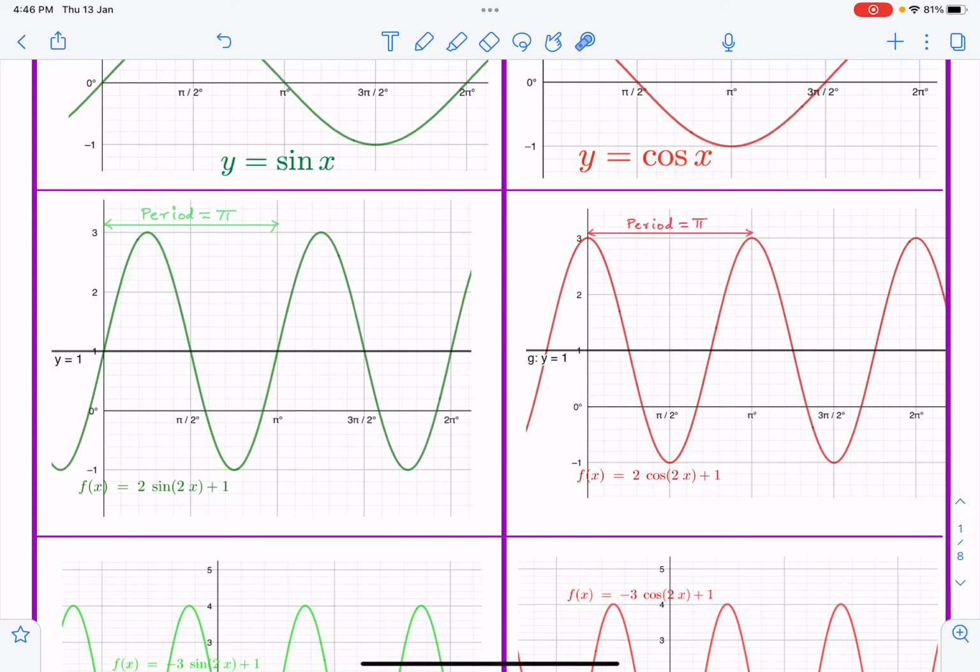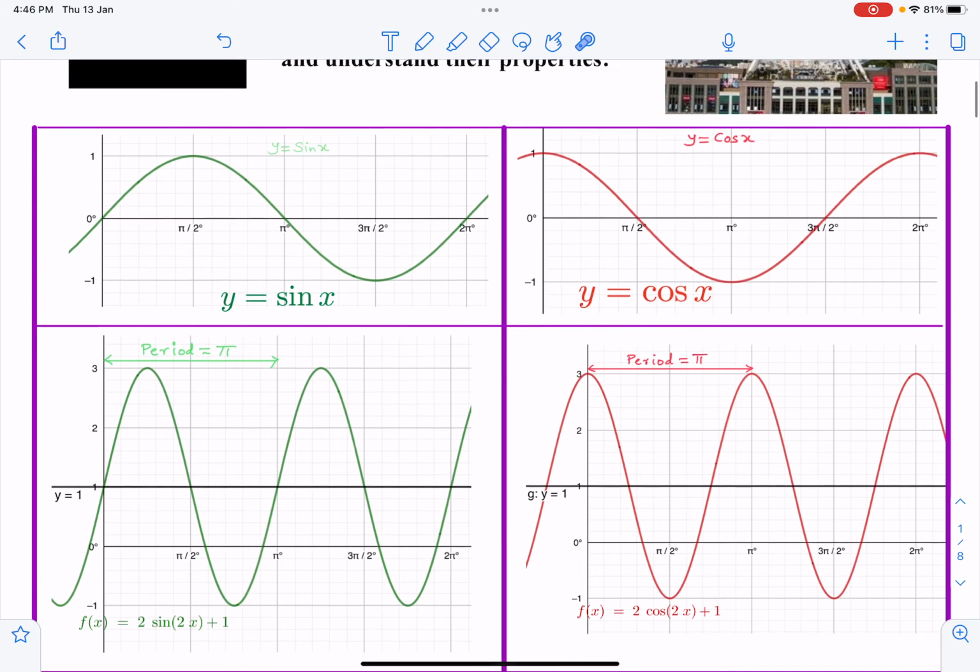Now you will say, why is it 0 at pi by 2? Yes, it will be 0 here, because if you substitute into 2 sine of 2 pi by 2, then 2 and 2 will cancel. So sine pi is 0. That is why at pi by 2 it is 0. Whereas at pi by 4 it will be 1, because everything becomes half as compared to the above curve.